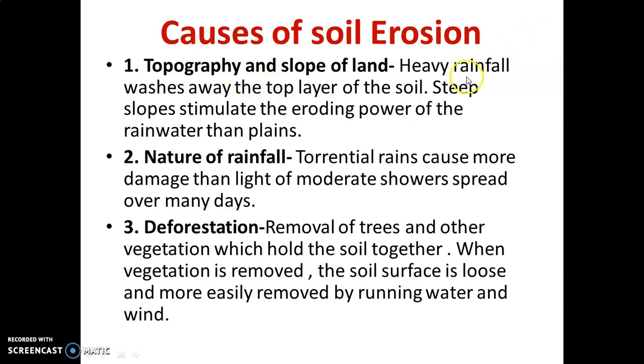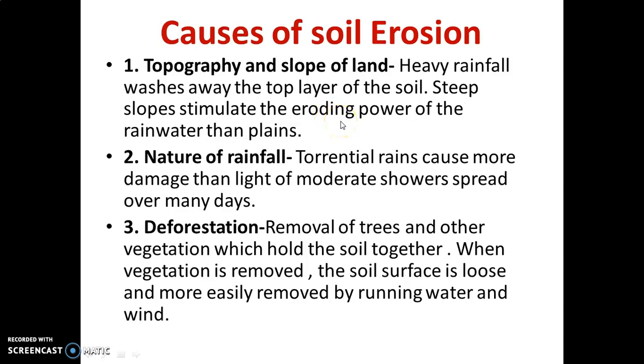Now see, if heavy rainfall takes place on the slopes of the mountain, what will happen? If heavy rainfall takes place on the steep slope of the mountain, the erosion will be more active there. As we discussed in the previous slide, if the top part of the mountain is made up of pervious or porous rock, it absorbs more and more water and does not allow water to reach the second, impervious layer.